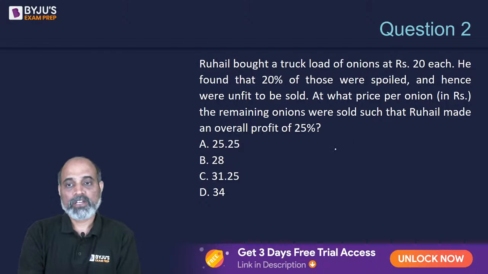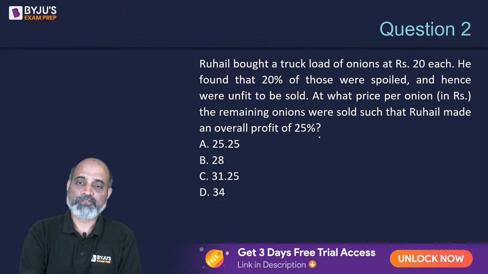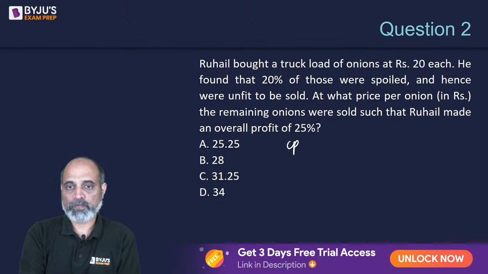Okay. So, again, 2 ways to solve this. One is if I say the cost price of the onions is 20 rupees, right? And the number of onions that he bought was, let's say, 5 onions.